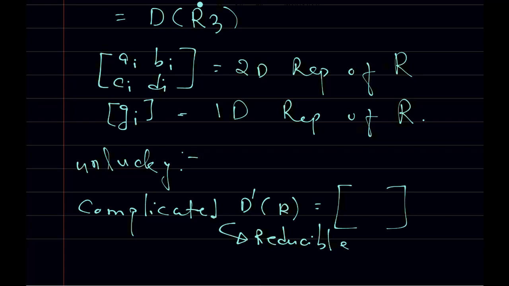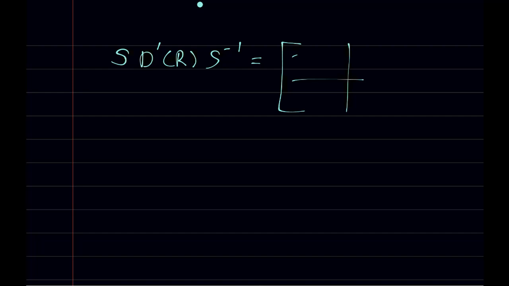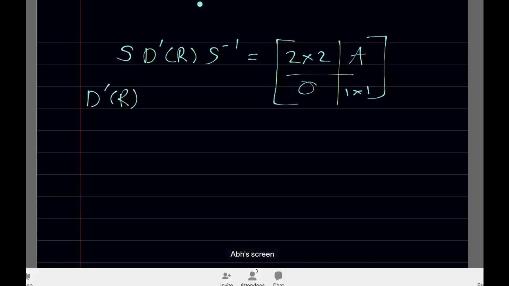That means if I can find some matrix S which, when it acts on this complicated representation, gives you some 2 cross 2 matrix here, some matrix here, a 0 here, and some 1 cross 1 here, then you say that D prime of R is just reducible, not completely reducible.